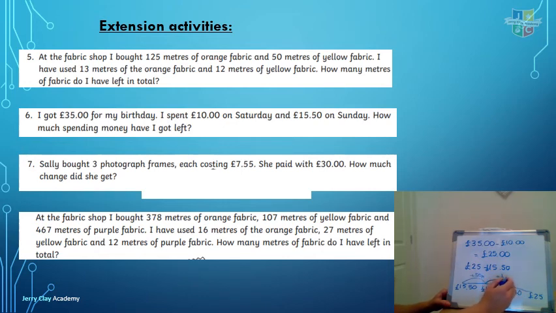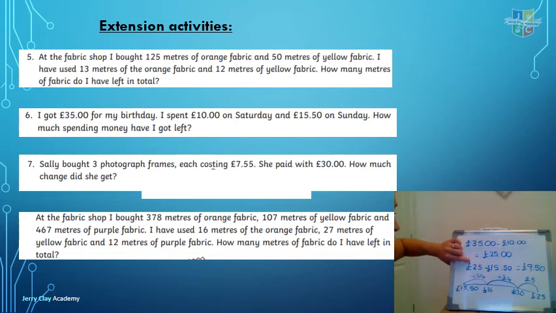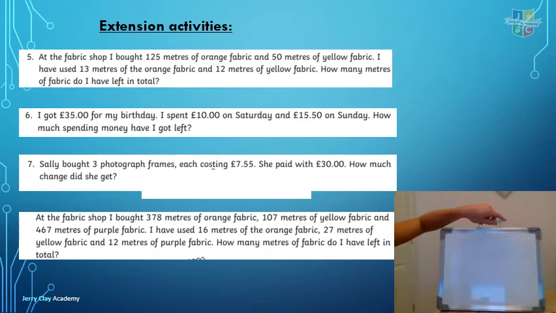So I've added £4 and then 20 up to 25, I've added £5, so if I add those numbers together, I would have £9.50 left. You could have also done it as column method and converted all of these into pence, and then converted it back into pounds and pence to find the answer, £9.50.